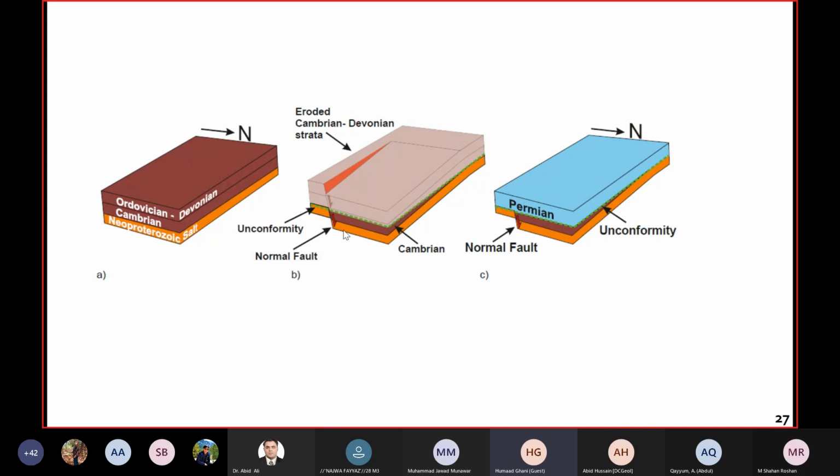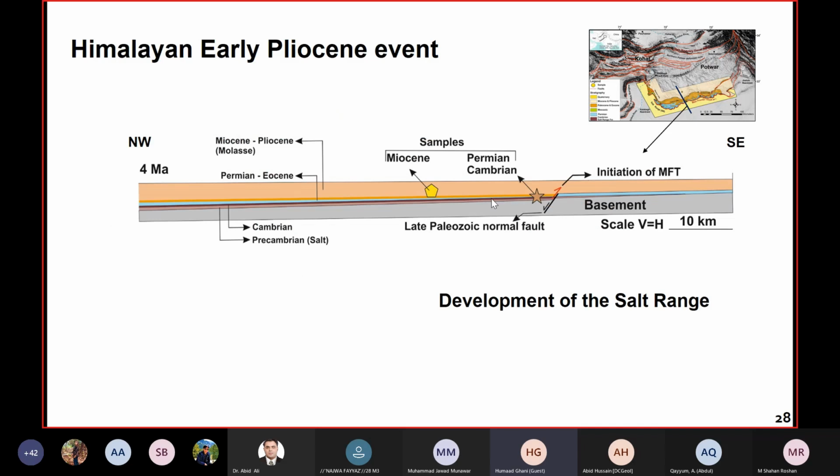So this strata was eroded during the late Paleozoic time when normal faulting was happening in the Salt Range and in the other parts of the Himalaya. And afterwards, in the Permian, the new strata came into the basin and filled on top of it, forming one of the major unconformities in the Salt Range.